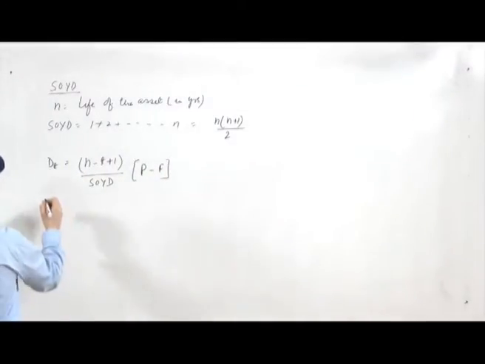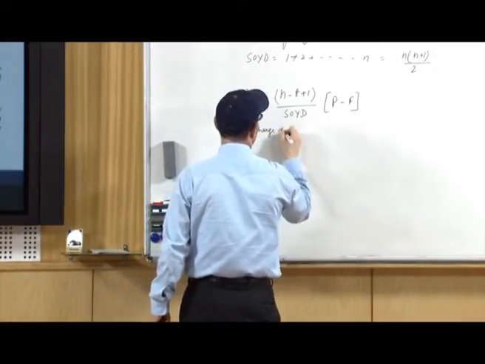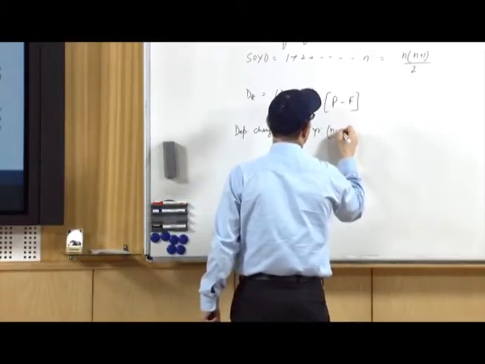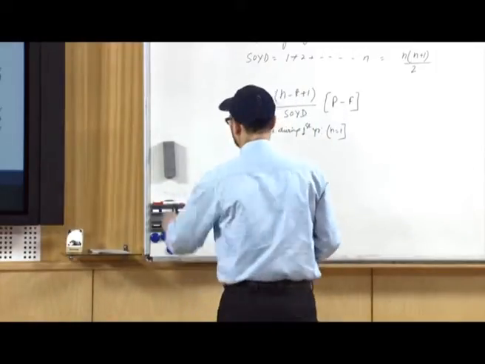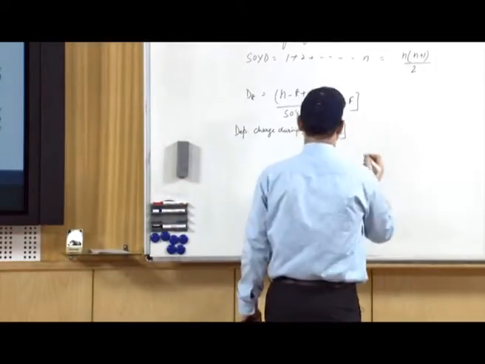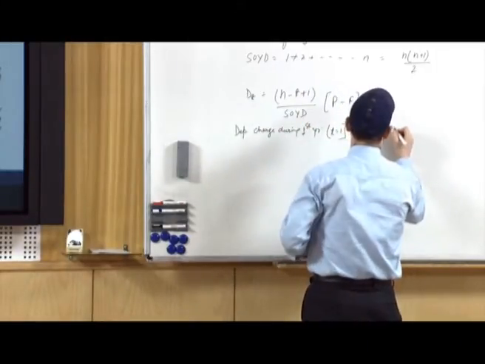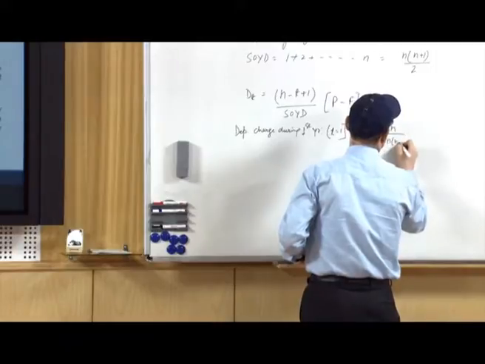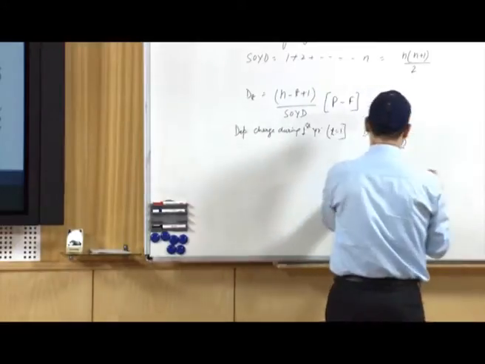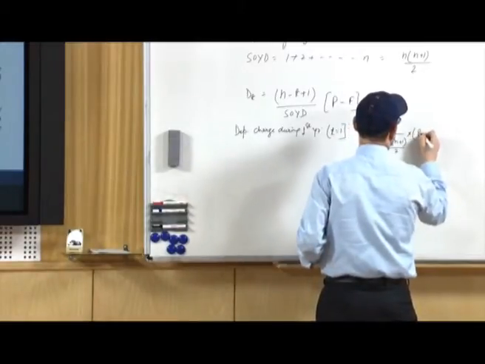If you see the depreciation charge during the first year, that is t equal to 1. In that case d1 will be, if you put t equal to 1 here, n upon SOYD, that is n upon n into n plus 1 by 2, into P minus F.